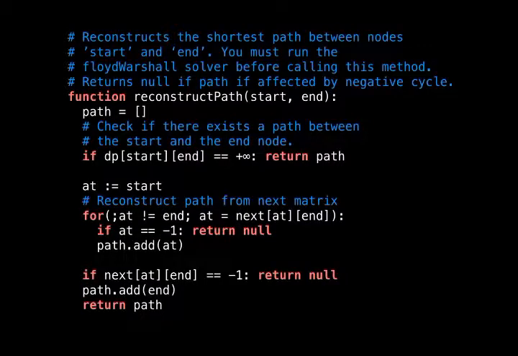Notice that in reality, this method has 3 key return values: an empty path, which means that the start and end nodes are not connected; a null value, meaning a negative cycle was encountered; and lastly, a non-empty path of node indices, meaning an actual shortest path was found.